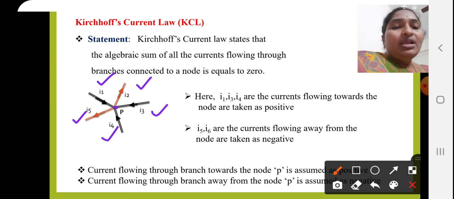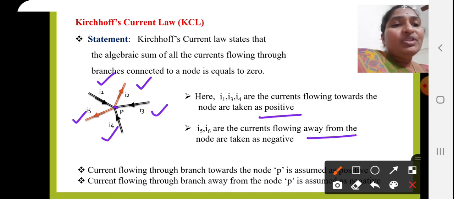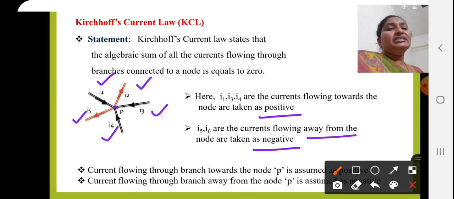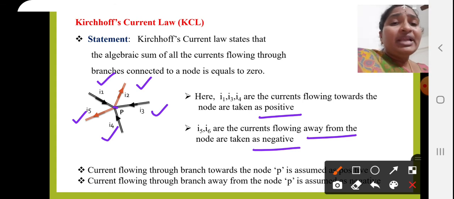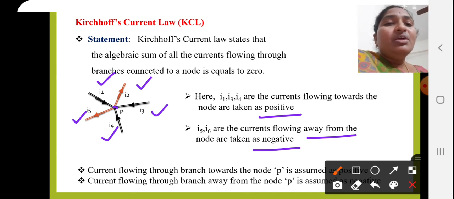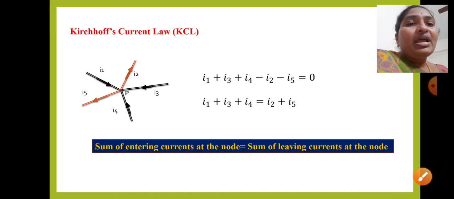So for understanding purposes, we assume the currents flowing towards the node are taken as positive and the currents flowing away from the node are taken as negative. Then we can write the algebraic expression. What are the currents flowing towards the node?